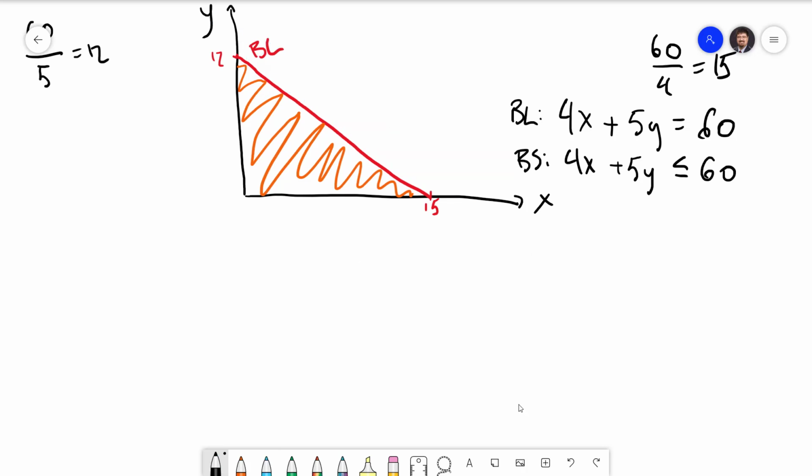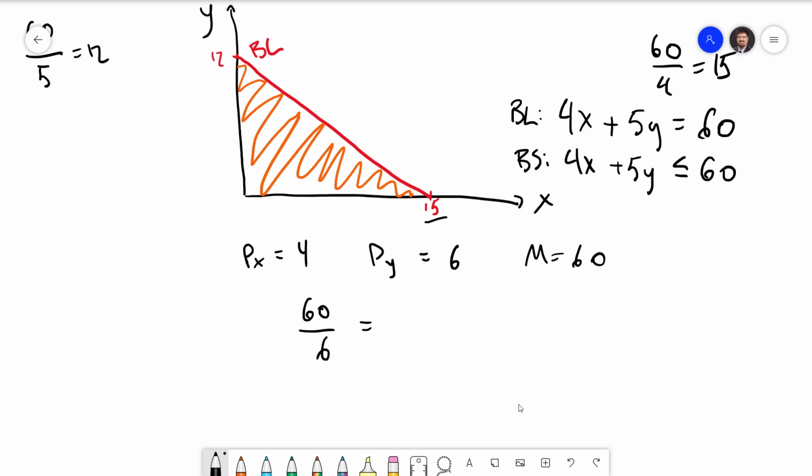Now let's talk about what would happen if one of the prices changed. Suppose that the price of X is still 4, but the price of Y is now 6 instead of 5, with our income also still at 60 from our original budget set. The X-intercept hasn't changed, that's still 15, but the Y-intercept has. The Y-intercept is now 60 over 6.